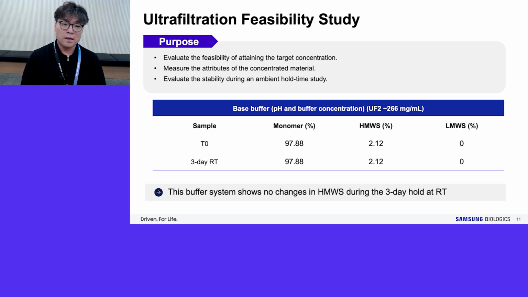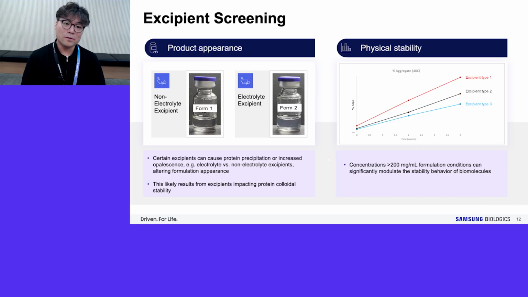You can see in this case, for 266 mg per ml, the molecular stability was not changed during 3 days at ambient condition. This step was performed after pH buffer selection, so we knew the pH buffer was selected properly through this result.